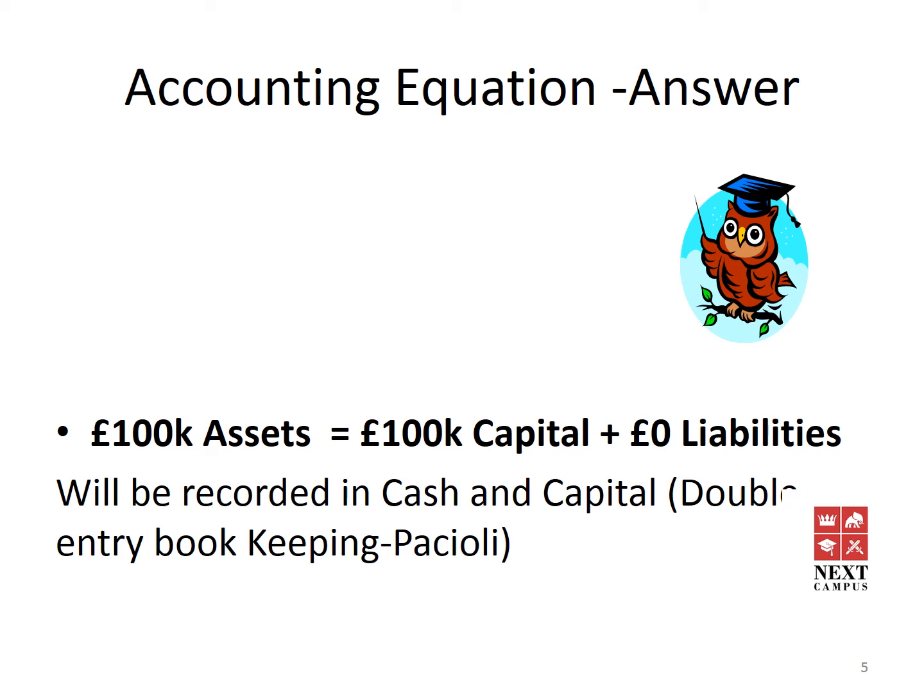A vehicle was purchased by the business on a lease. The vehicle, an asset, on the left hand side will go up, and the lease is a liability, so the right hand side will go up. So that's double entry bookkeeping and the accounting equation.